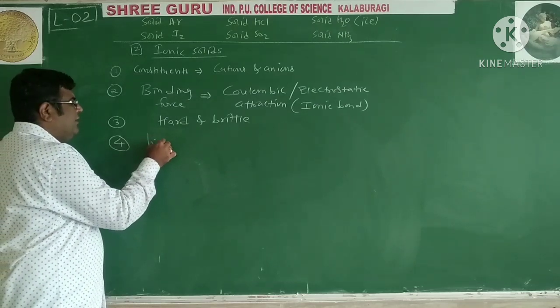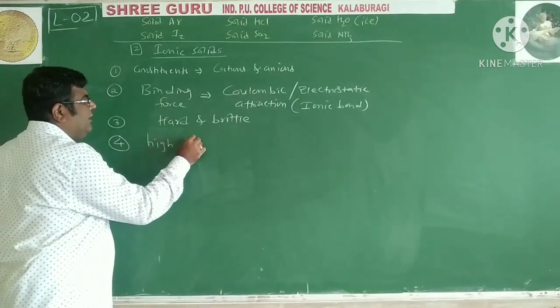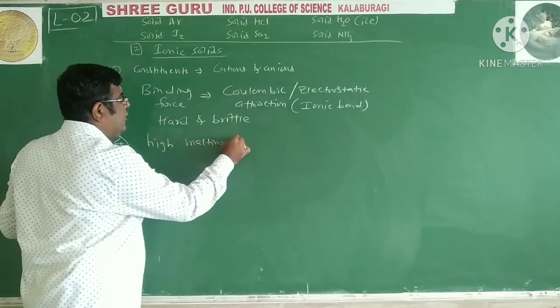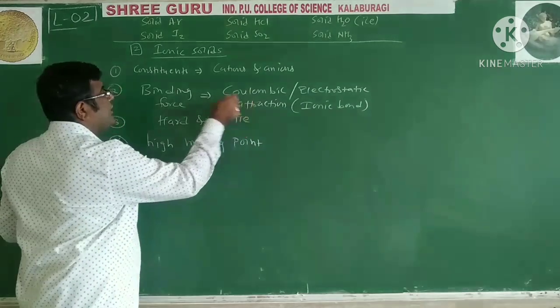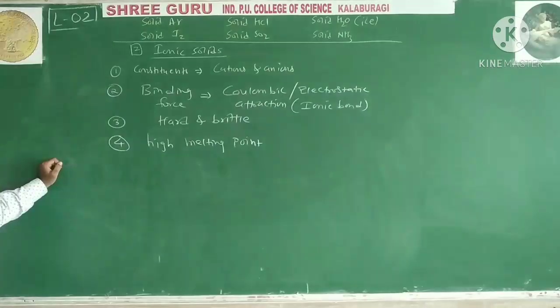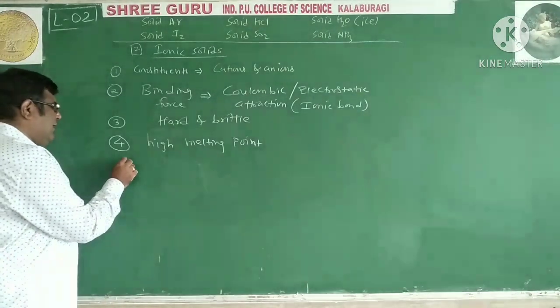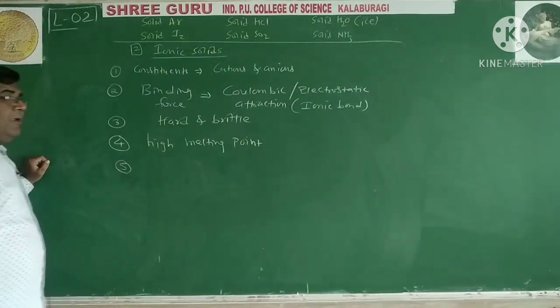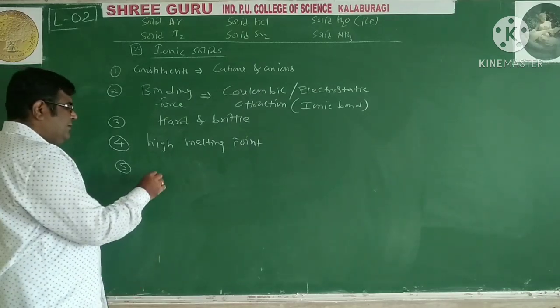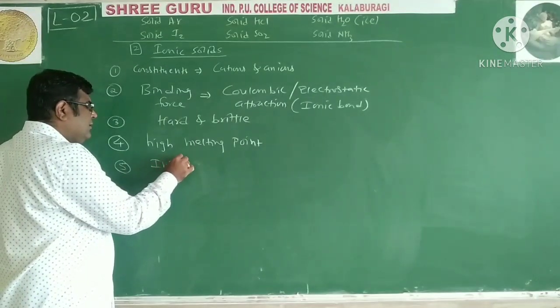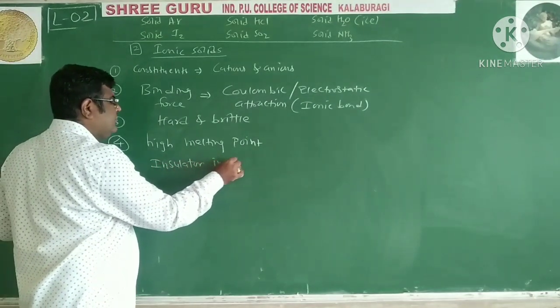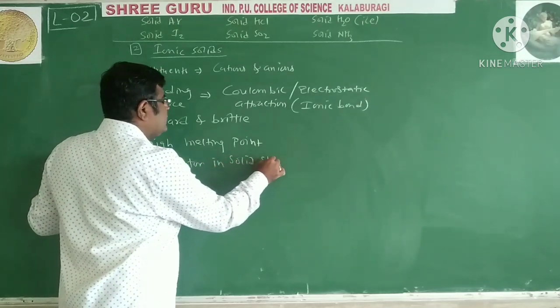You can say they have high melting point because very strong force of attraction exists between cations and anions. Fifth point, we can say that they are insulator in solid state.